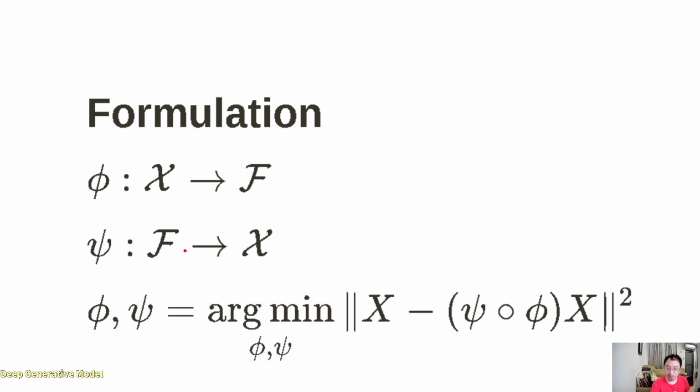There are some ways to determine a good subset. In variational autoencoder, we force x to map into a predefined or good subset of f, actually a predefined distribution in f.